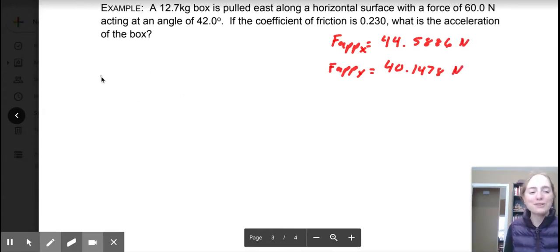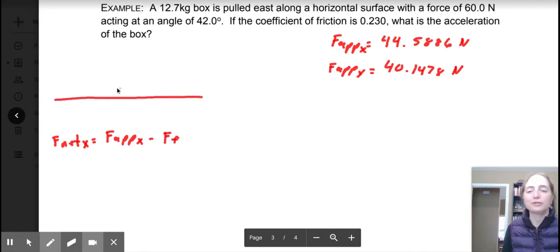And the other key piece that we are going to be needing is our F net equation on the X, which is our force applied X minus our force of friction. And I'm going to quickly redraw our free body diagram here.